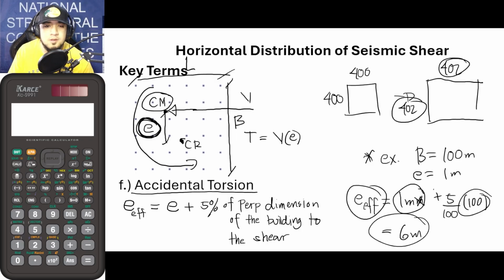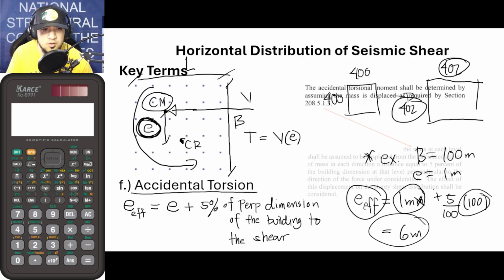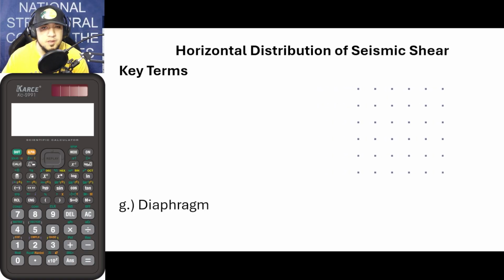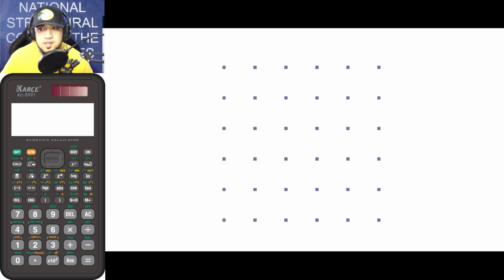Okay, so next up, the last definition that we should take into consideration in order for us to better understand the principles of horizontal distribution of seismic shear is the term diaphragm. Okay, so suppose that once again, this is the building, or these are the columns.